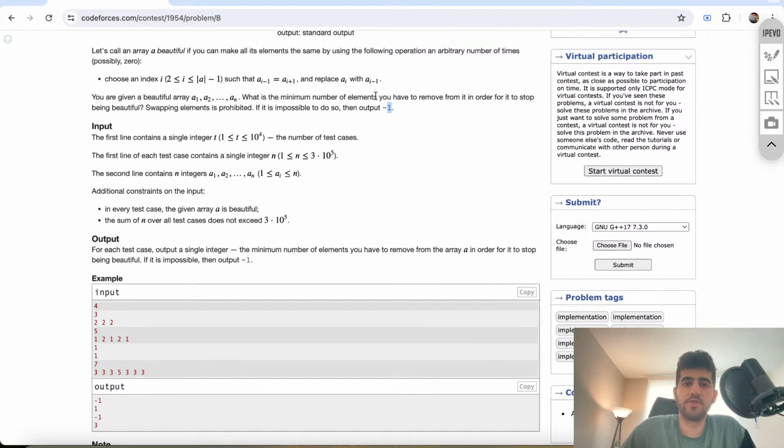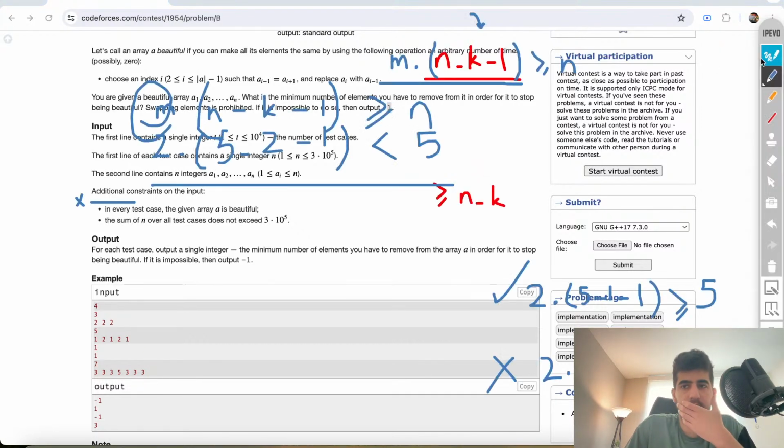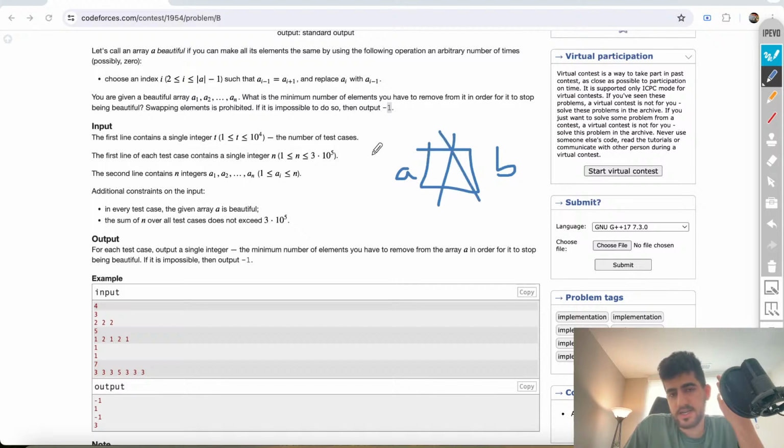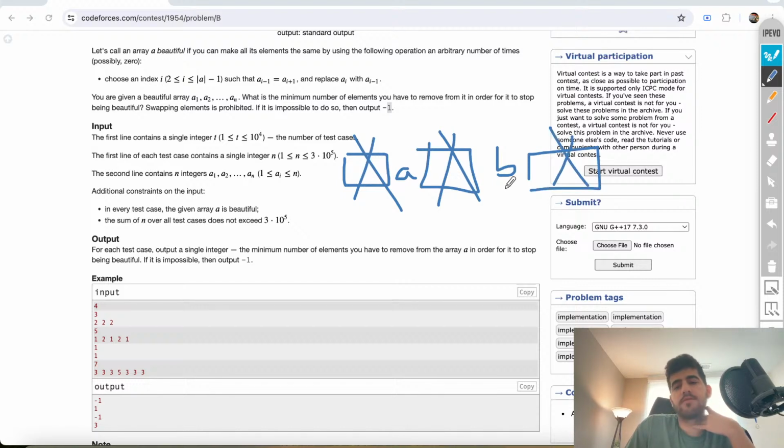But if you have two different type of numbers, for example, you have one A and one B at least, worst case scenario, you can remove all the other elements, and then you have an array that is not beautiful. Okay, so the answer is minus 1 if and only if all the elements are the same.